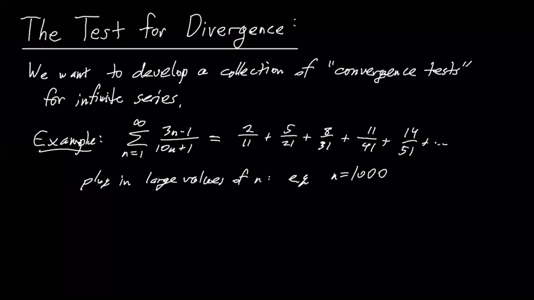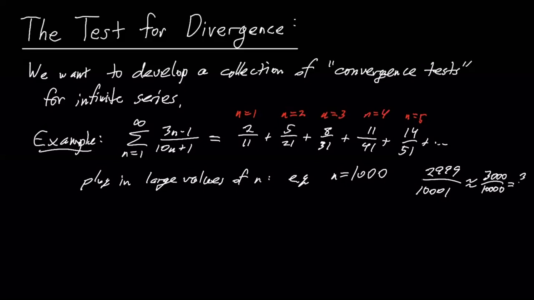So this is the n equals 1 term, n equals 2 term, n equals 3, n equals 4. I'm asking about the 1,000th term of the sum. What do you get? You'll get 2,999 over 10,001, because it's 3,000 minus 1.